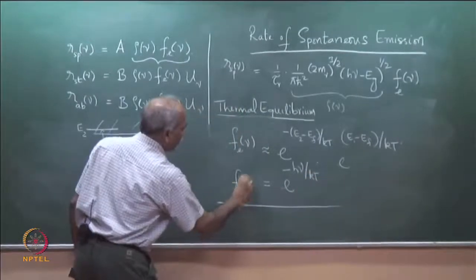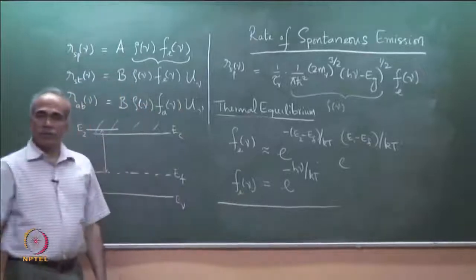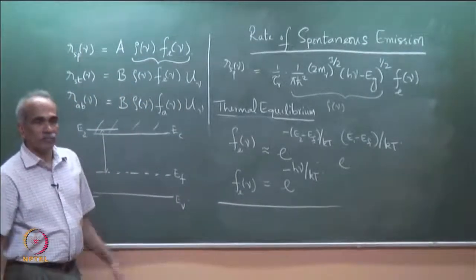So, F_E of nu is e to the power minus h nu by kT.